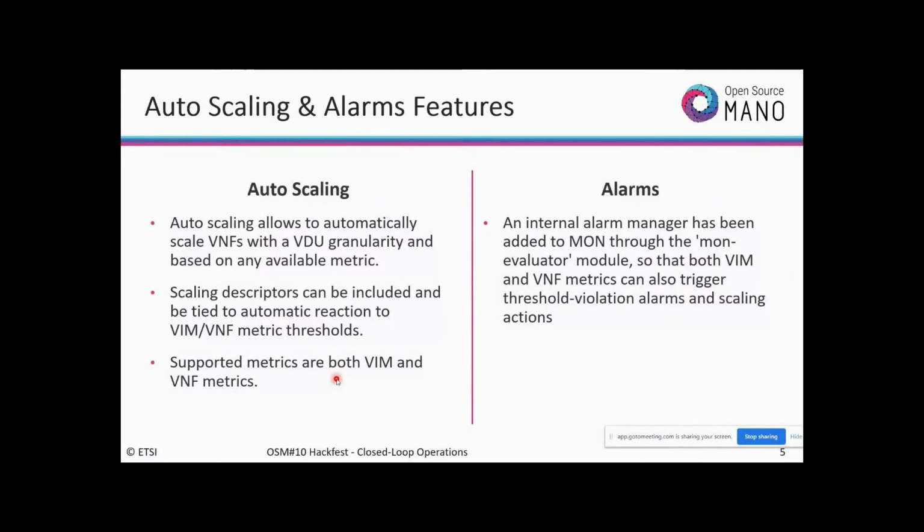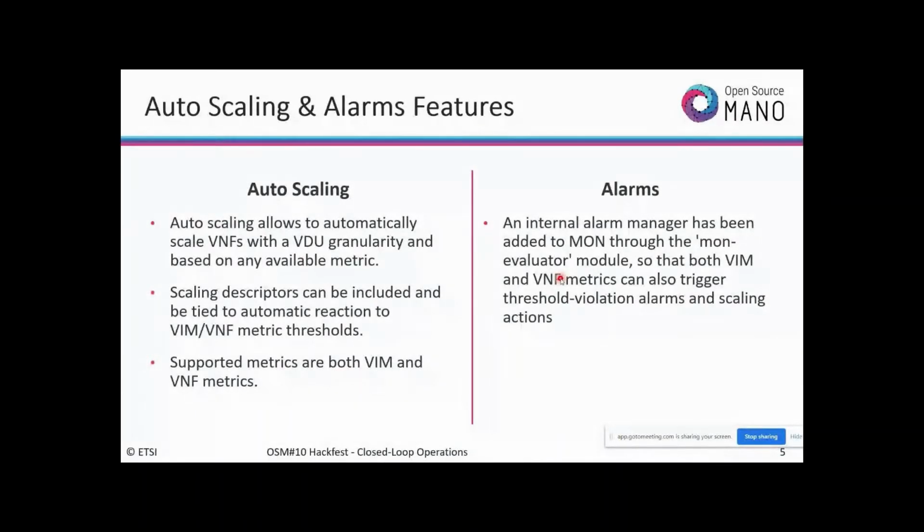The rule information is taken by the MON evaluator, and then it queries the time series database, which is Prometheus in this case, to understand the current situation of the metric. Has it crossed the threshold or not? So with the rule and the current status, it decides whether there is an alarming condition. And if the alarming condition has happened, it then tells POL that the alarm has happened and you have to take an action. Then POL goes and finds out what action I have to take.